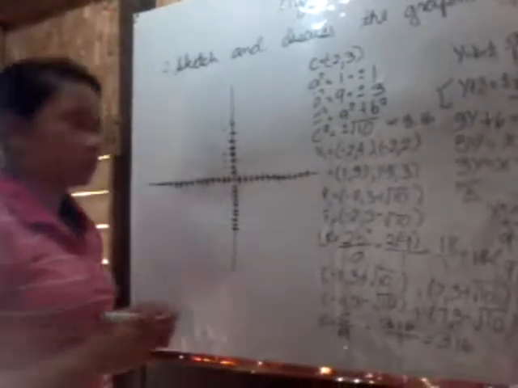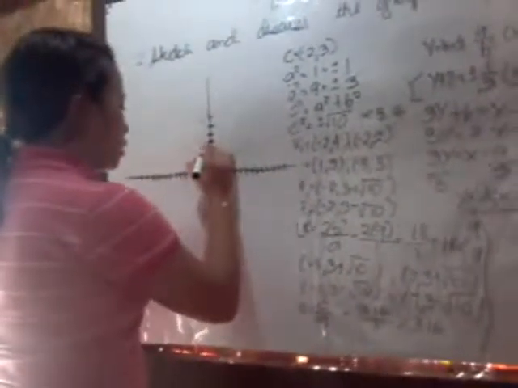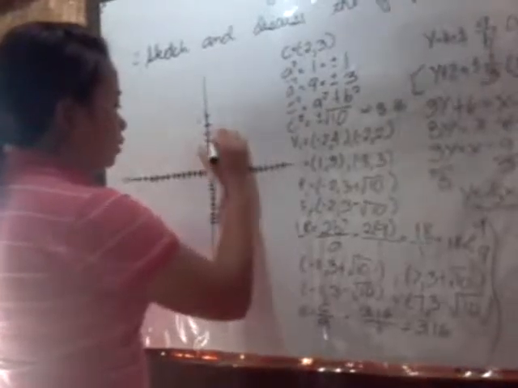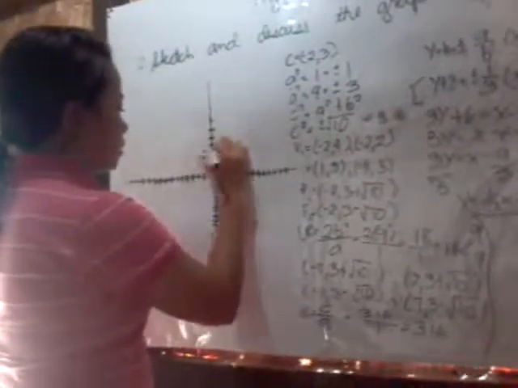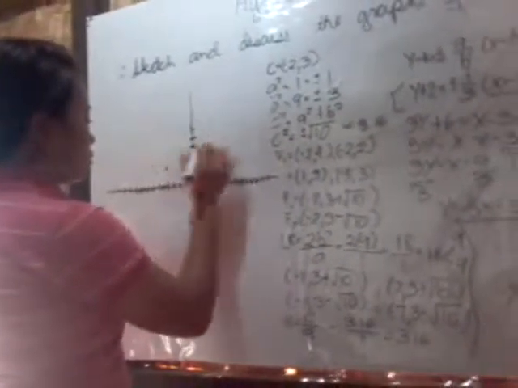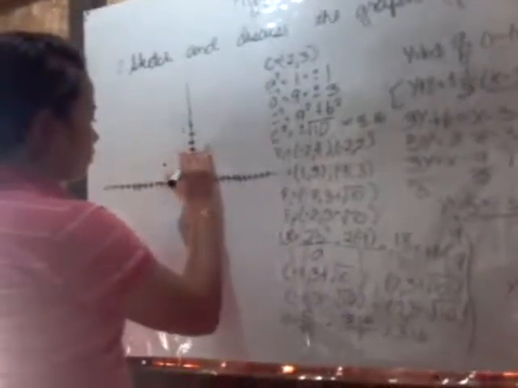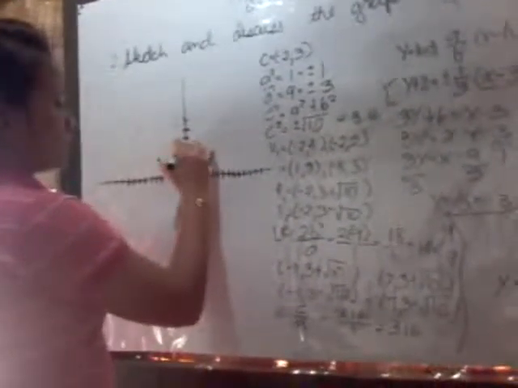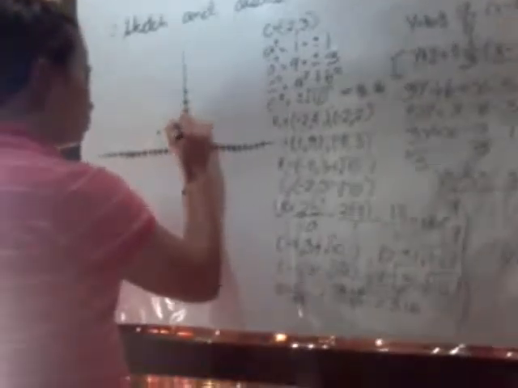Let us now graph this one. So the center is here, and the conjugate axis is here. Also the vertices here. So center is that.